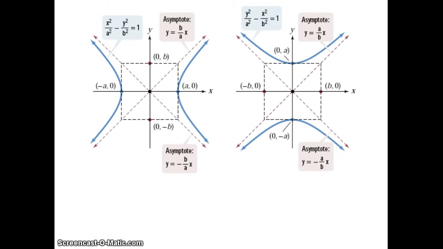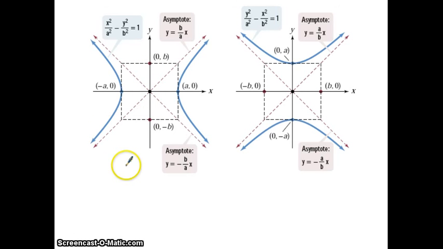A hyperbola is drawn using a and b. If you go from the very center out and make your a value, you arrive at a vertex point. For the b value, you go perpendicular to the transverse axis.